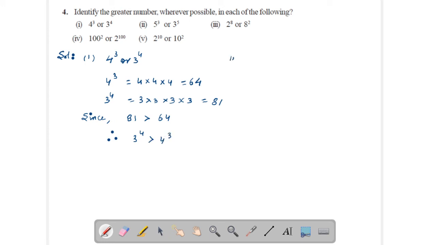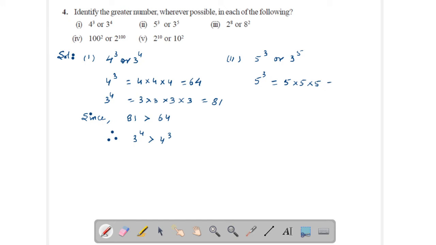Now come to second part. 5 raised power 3 or 3 raised power 5. Take first number, that is 5 raised power 3. Here 5 raised power 3 means 5 is multiplied 3 times. It can be written as 5 into 5 into 5.